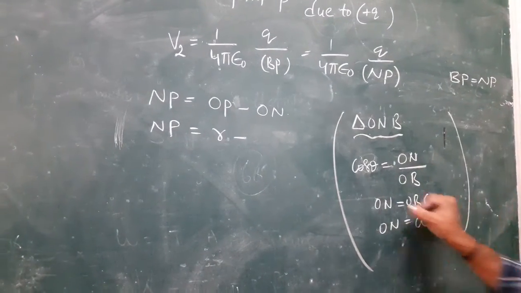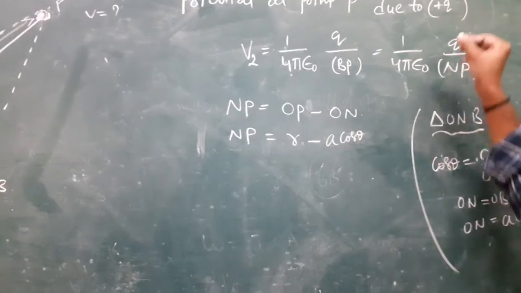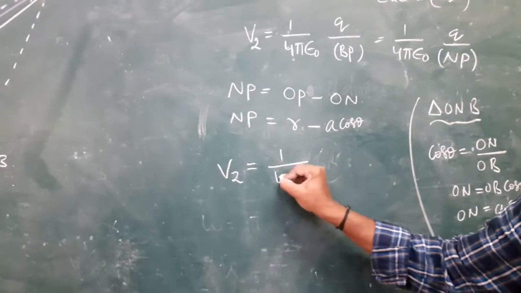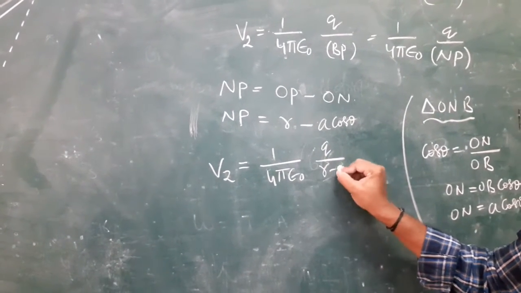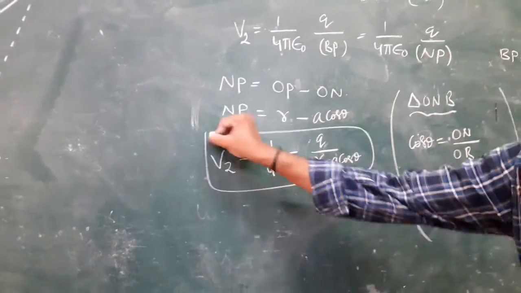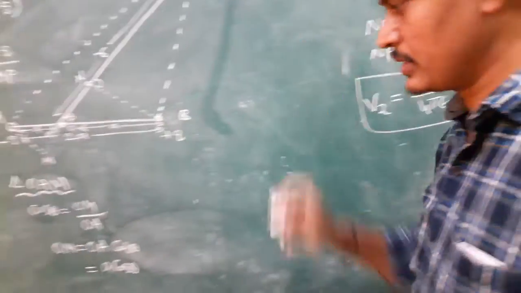So you can substitute this value. Therefore potential V2 is equal to 1 by 4 pi epsilon naught Q by R minus A cos of theta. This is the potential at point P due to this charge.